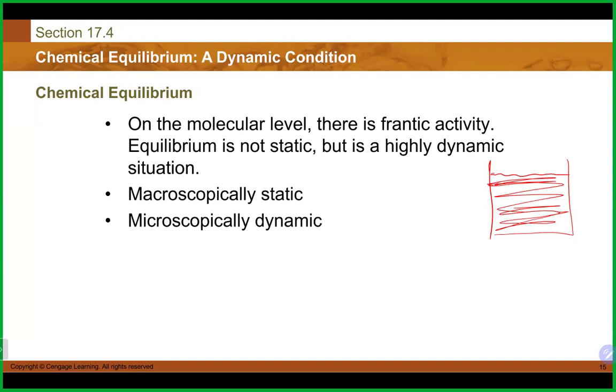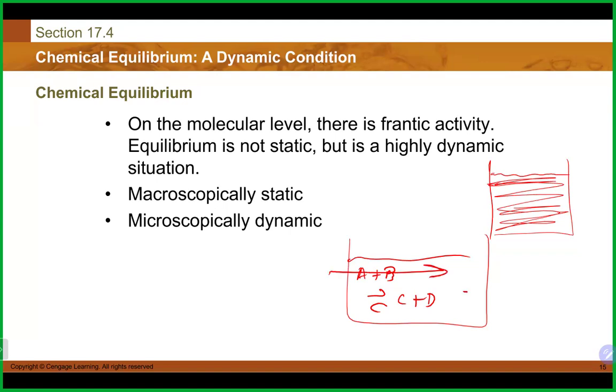So, for example, if this reaction was A plus B goes to C plus D, if you were to zoom in, you would see a lot of guys going this way, a lot of those guys coming back this way, a lot of activity happening, even though when you just look at the big picture, it looks like nothing much is happening.